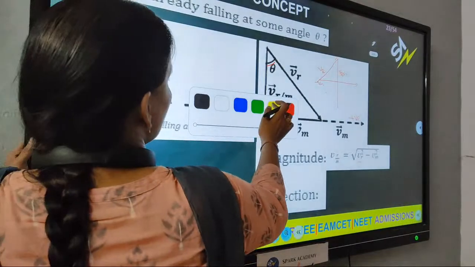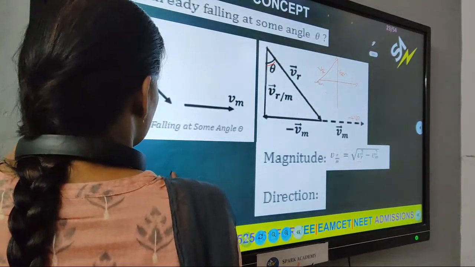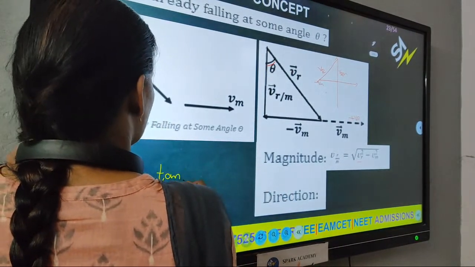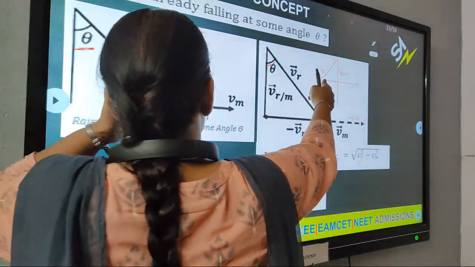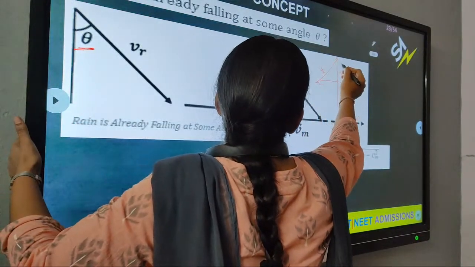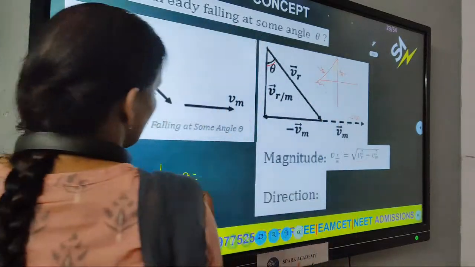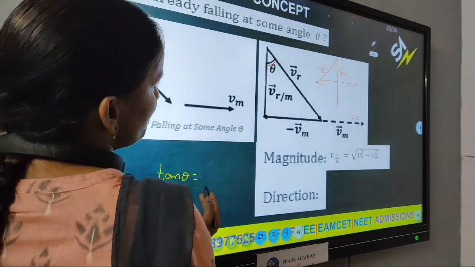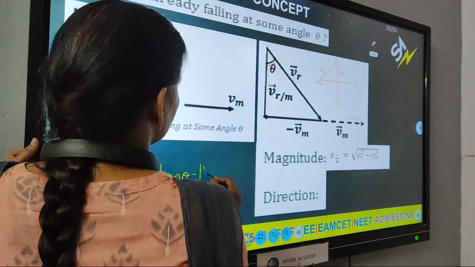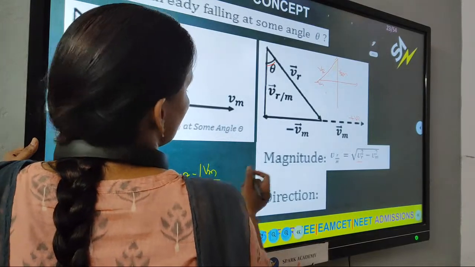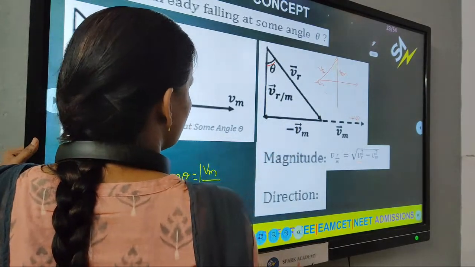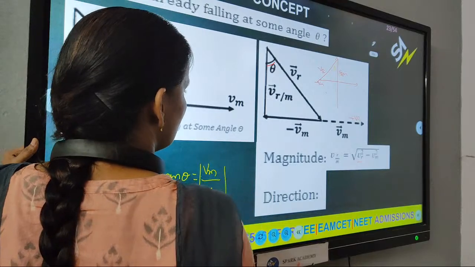And the direction of the resultant we can write here. We need to consider tan theta from the figure, when it is making angle theta with the vertical. So tan theta will be equal to opposite by hypotenuse. Here the hypotenuse is the velocity of the rain.